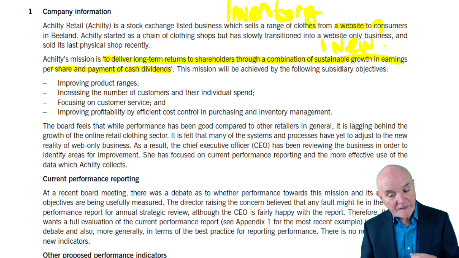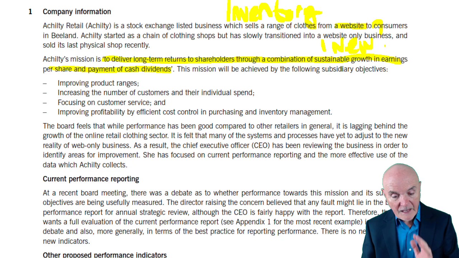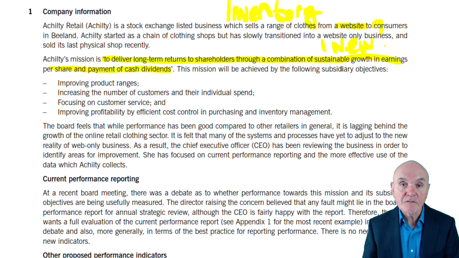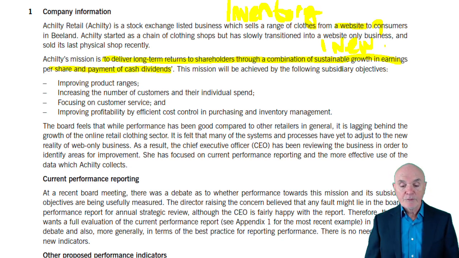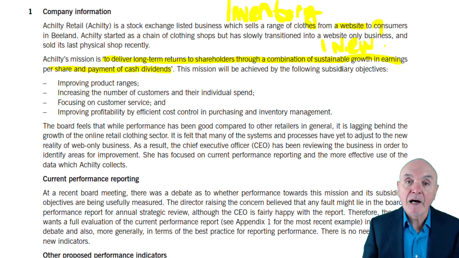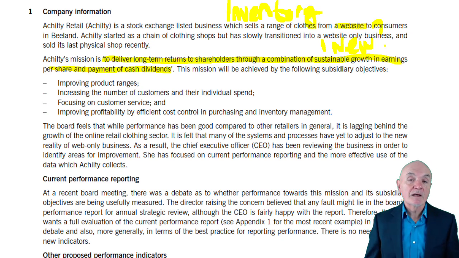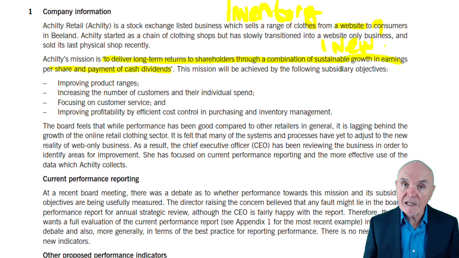So if the company has recognized that growth in earnings is required, payment of cash dividends is required, improved product ranges are necessary, increasing number of customers and their individual spend is necessary, focusing on customer service is necessary, improving profitability by cost efficiency and so on is necessary, then really we need performance indicators which address all of these. Okay.